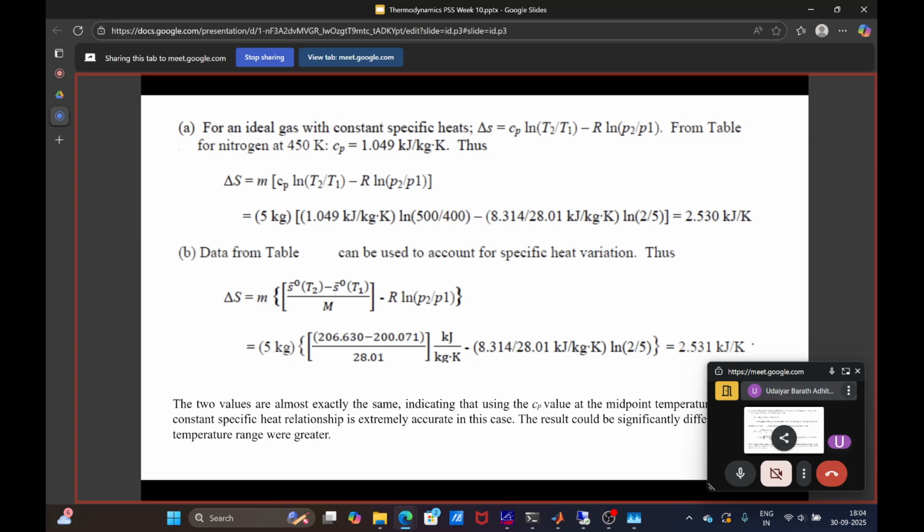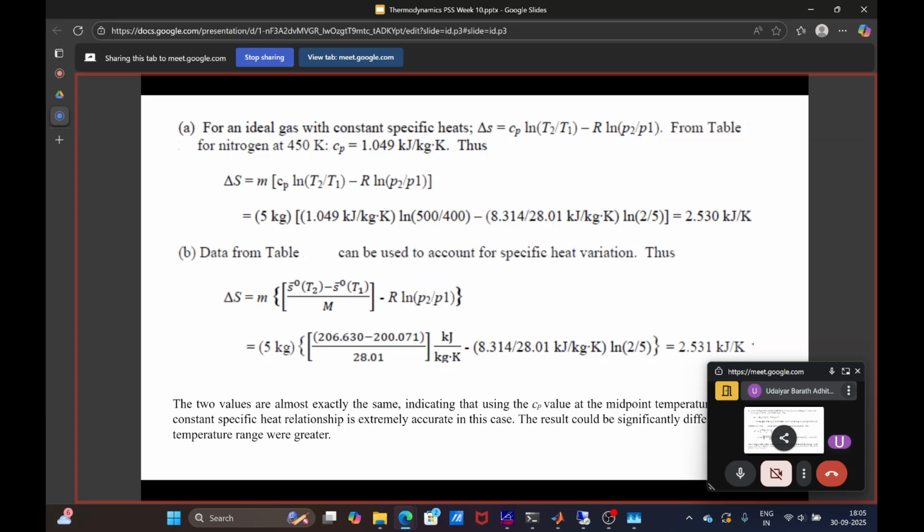That is one equation, and the other is T dS equals dH minus V dP. Dividing throughout by temperature, you get dS equals dH by T minus V dP by T. dH you can write as Cp dT, so you have Cp by T into dT.